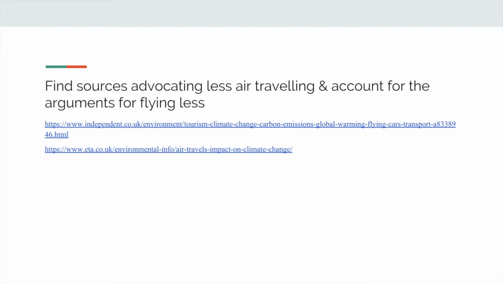Tourists and air travel account for 8% of global greenhouse gas emissions. The countries causing the most harm are some of the biggest and richest. Researchers state that in the future people will demand more luxury flights.